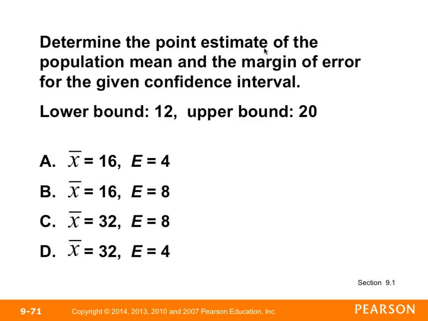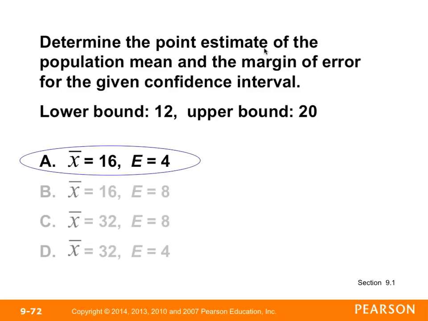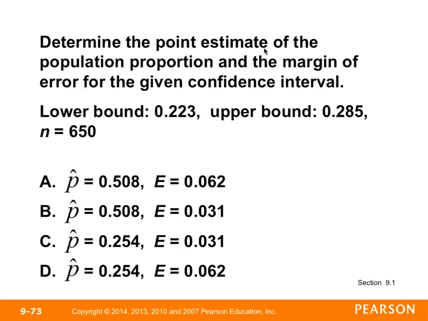If you think about it for a minute, you'll probably conclude that it's 16. If you'd like to figure it out mathematically, you would do 12 plus 20 and then divide that by 2, and you should get x bar is 16. Then your margin of error is how far away your mean is from your upper bound or from your lower bound. So all you have to do is take your mean, 16, and subtract your lower bound, which was 12, and you get your margin of error is 4. So that is choice A.